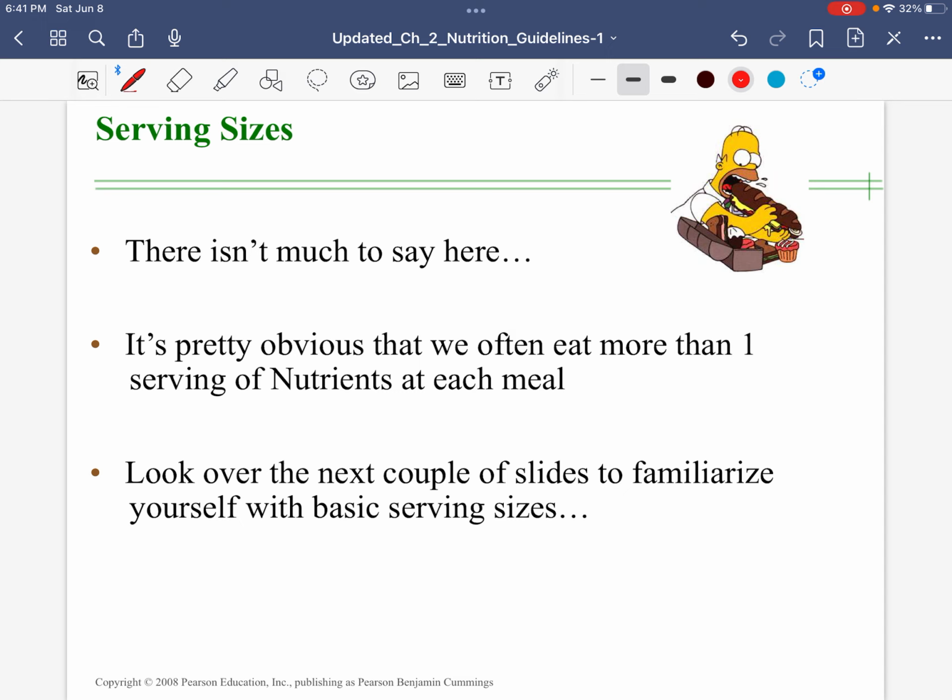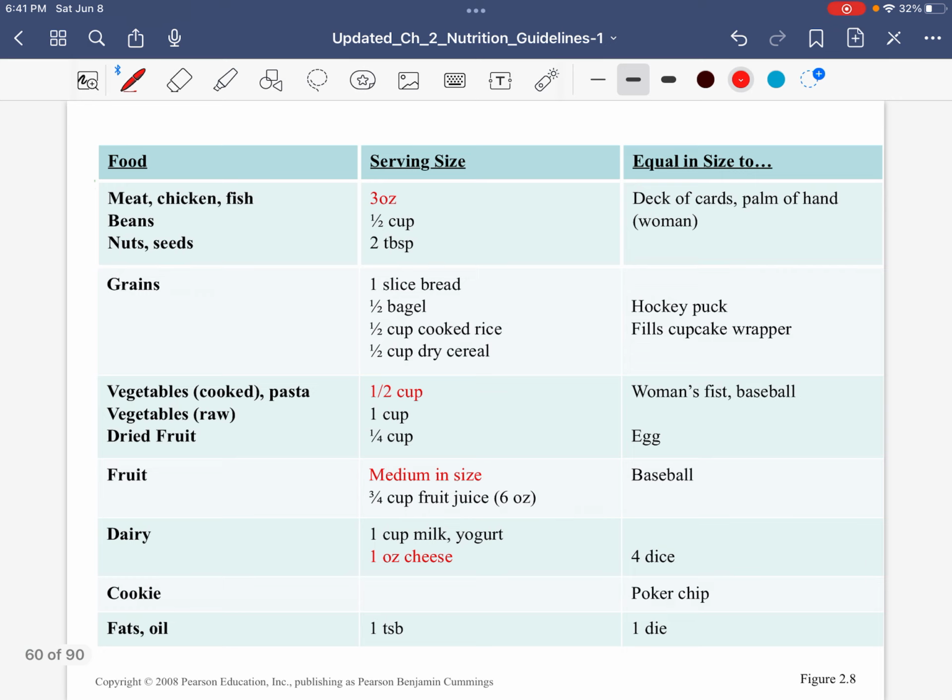So it's important for us to understand what that means because, not surprisingly, we often eat more than just one serving, which sometimes is okay. If I have a big bike race tomorrow, I'm going to probably increase my carbohydrate and calorie intake to prepare for that. So sometimes you need more than one, but sometimes we don't realize we're eating more than one and our total calorie intake keeps going up and up and up. So I'd like you to know just some of these, okay?